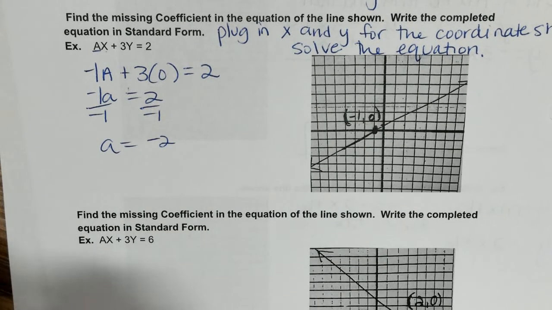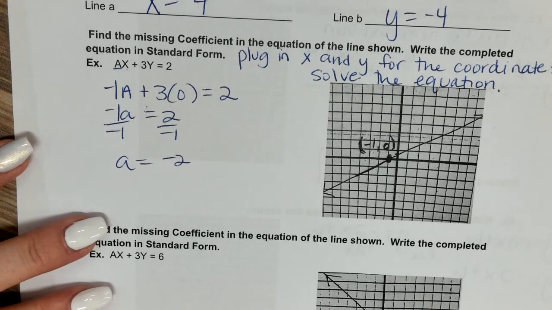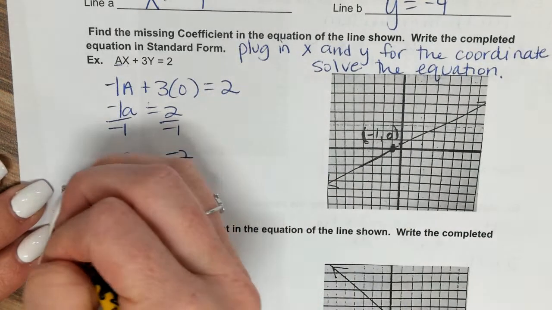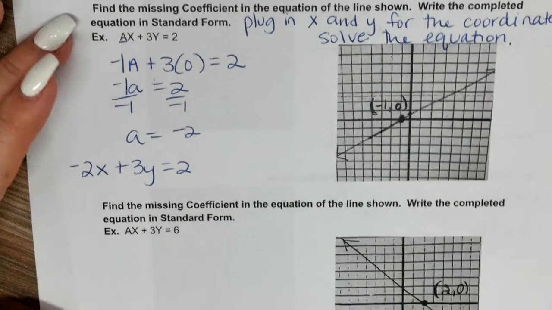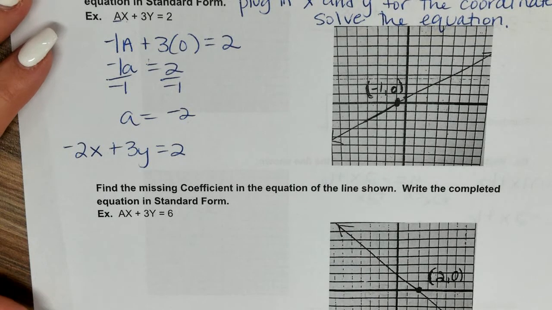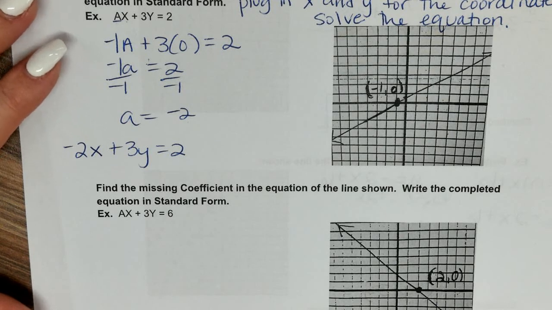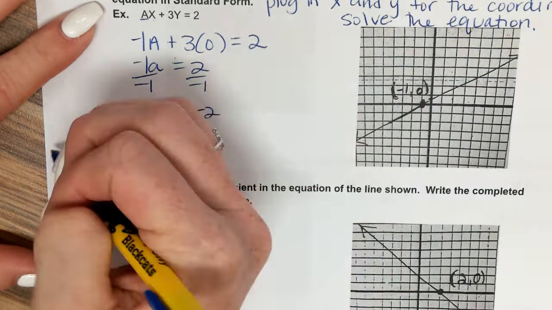Now that I have my missing piece, can I go write an equation in standard form? Where am I going to put this -2? So I have -2x plus 3y equals 2. Are we done? No, it's negative. No, we're not. Who can tell me why we're not done? You cannot have a negative in front of the coefficient for x. So to get rid of it, just go multiply the whole equation by -1.